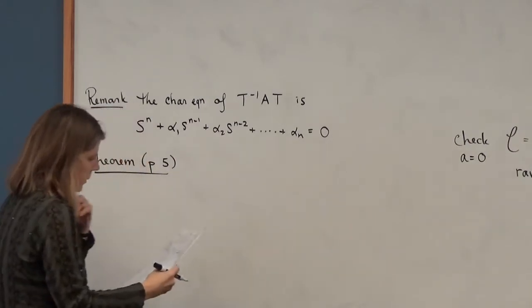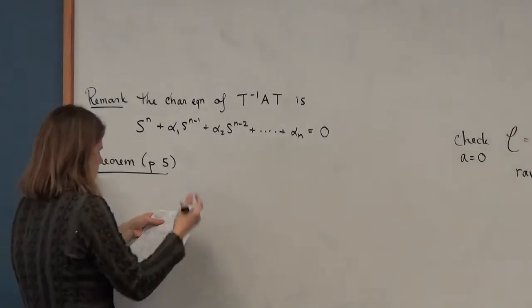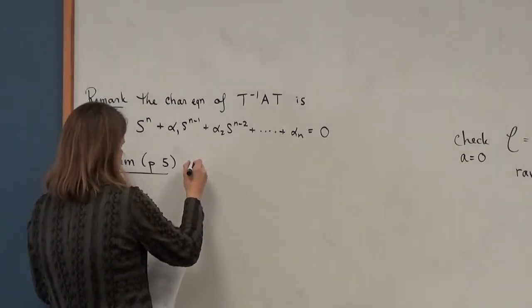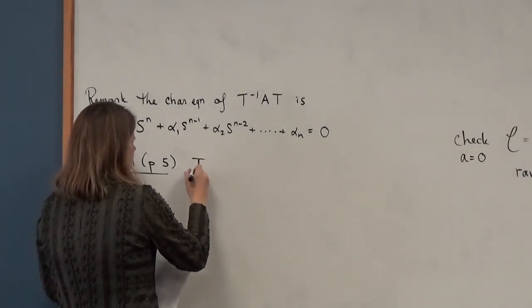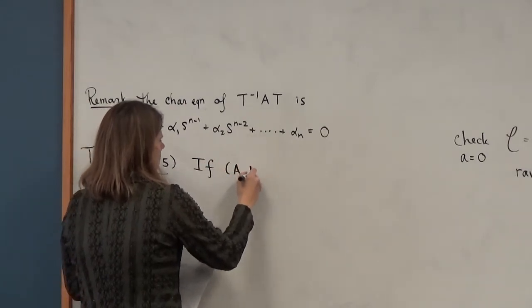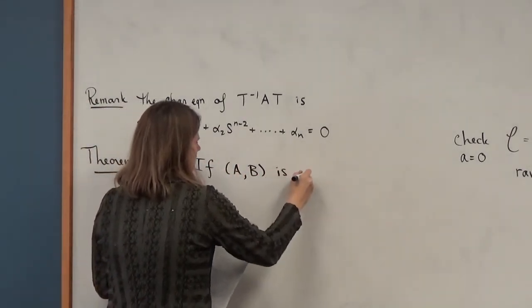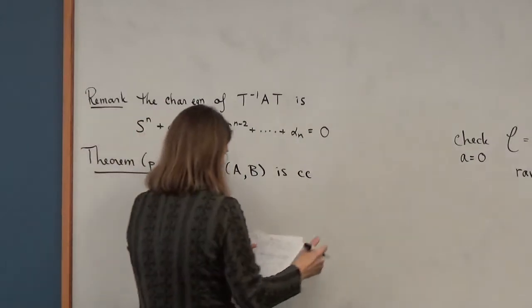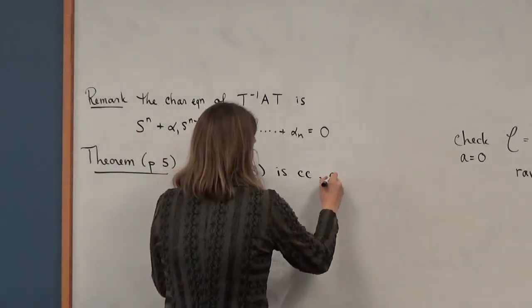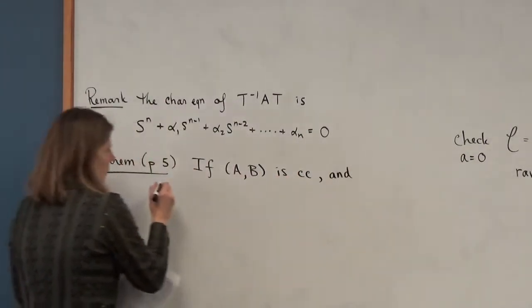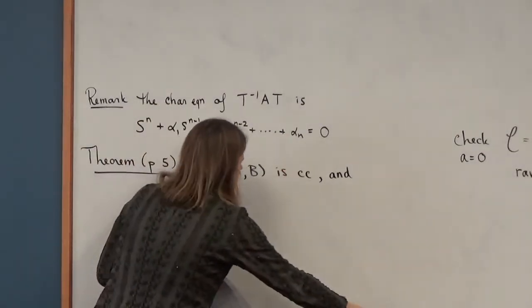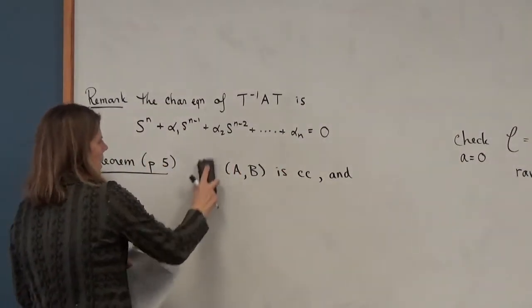Well, actually, this theorem says the whole thing. So let's actually write the theorem that we have on page 5. It says that if AB is completely controllable, and let's phrase this properly.